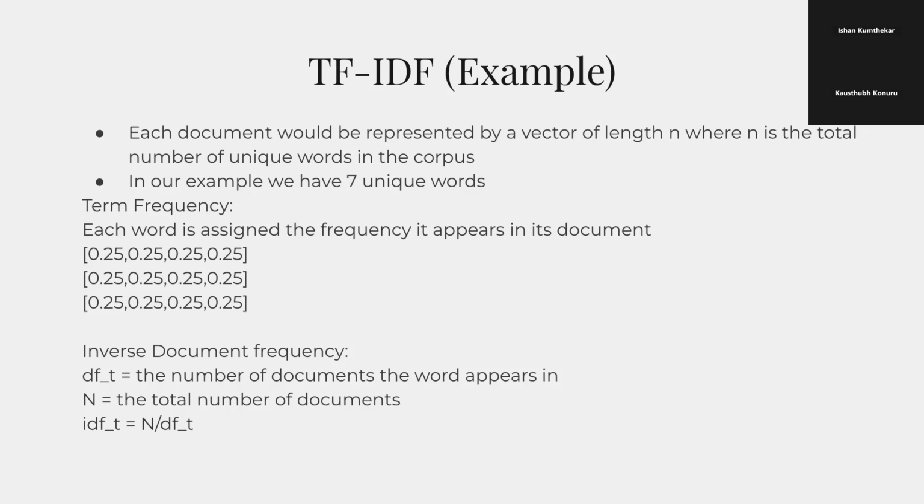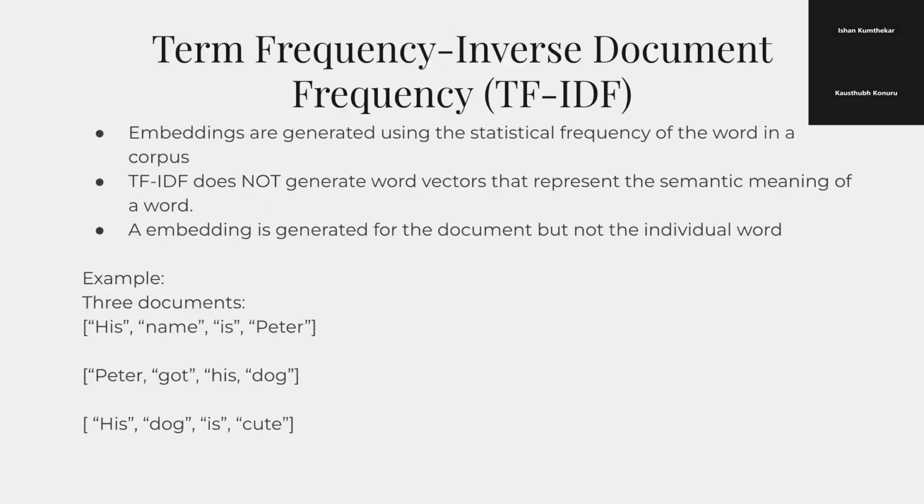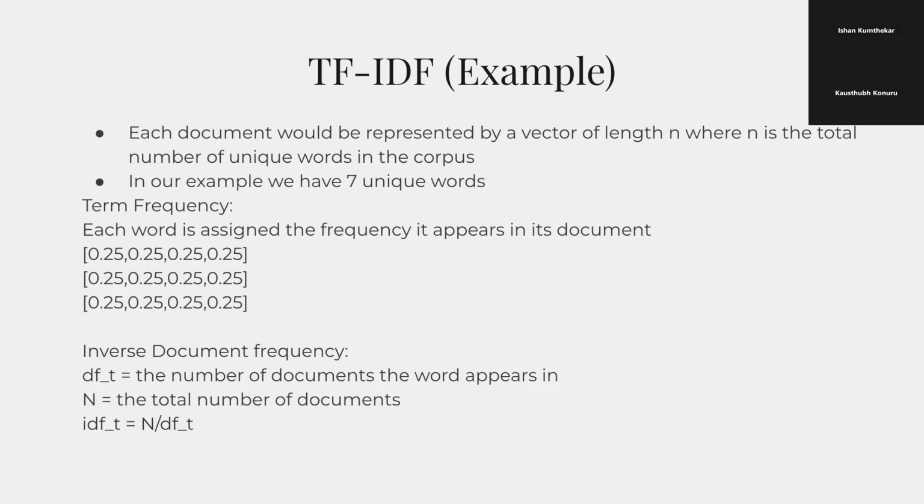So right here, we have 0.25 for each document, because if we go back, we see that each word only appears once in each document. So this would be 0.25. Then we'll perform the inverse document frequency. The issue is that if there's a frequent word such as A that appears several times within a document, we can apply the inverse document frequency to normalize this frequency.